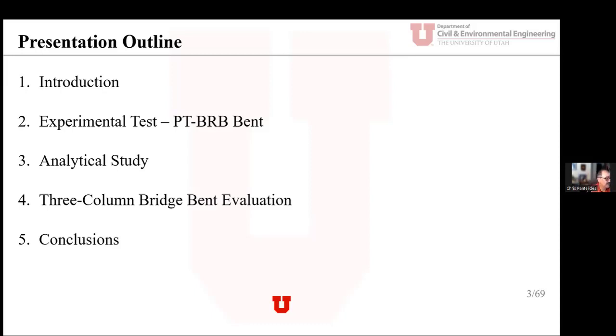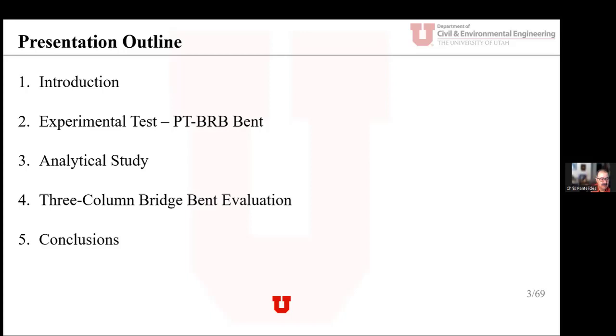So in my presentation today, I will make a short introduction to this topic. I will present an experimental test, which included a post-tension bridge bent with a buckling restraint brace. Then I will present the analytical study for this test and the efforts that we made to simulate the experiment.